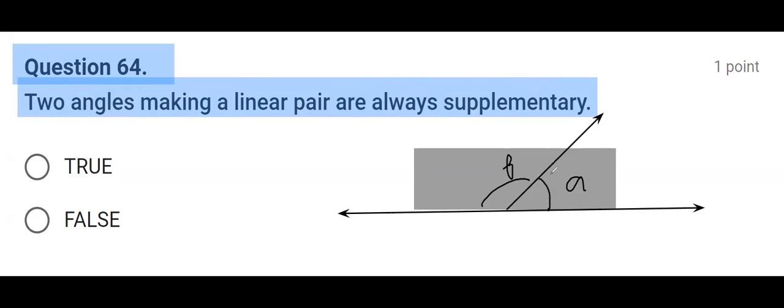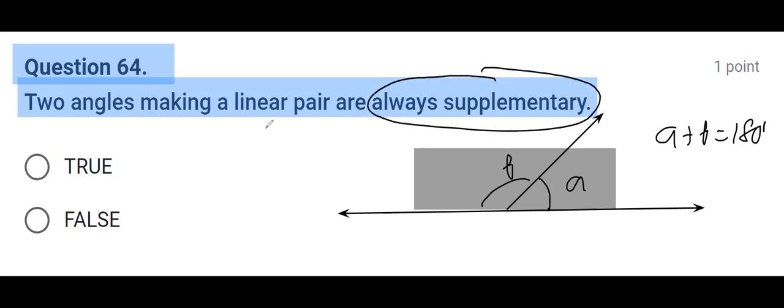So since it is forming a linear pair, their sum has to be 180 degrees. Right? The reverse is not true. Two angles which are supplementary may or may not be forming a linear pair. But if it is forming a linear pair, it has to be supplementary.